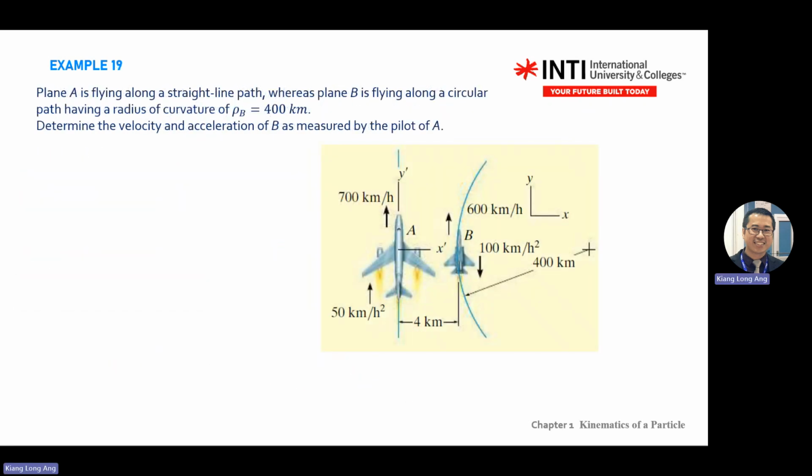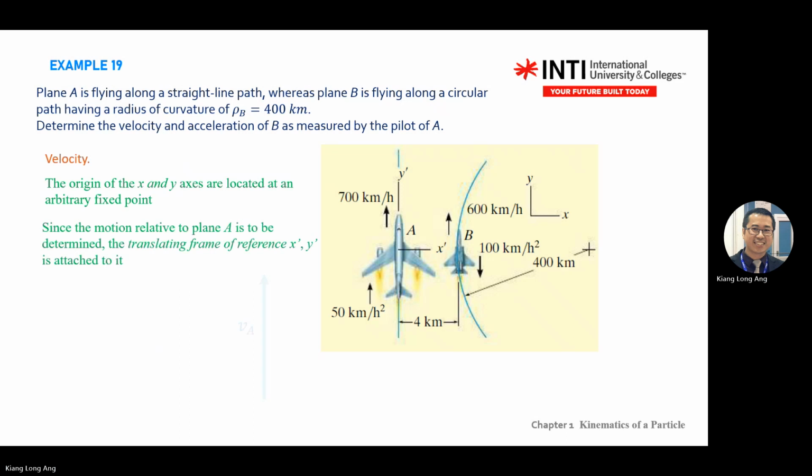Okay, 19 is also the same. This one, go home and read, then go and read this example. It's actually the same. They ask you what refers to what, so same, applying the objects.